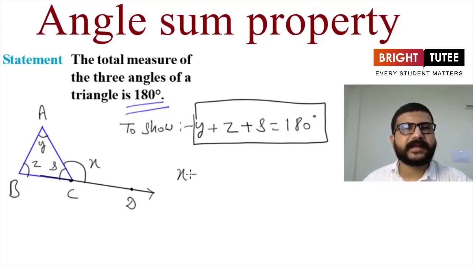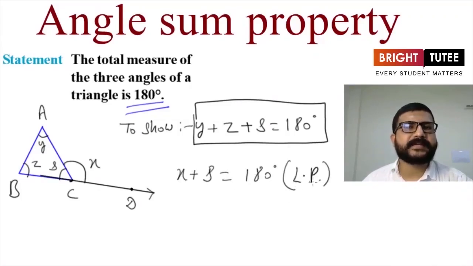So it means we will get X plus S is equal to 180 degrees. Why so? Because these are linear pairs of angles. Here LP is linear pairs. We have to write complete while writing in exam.